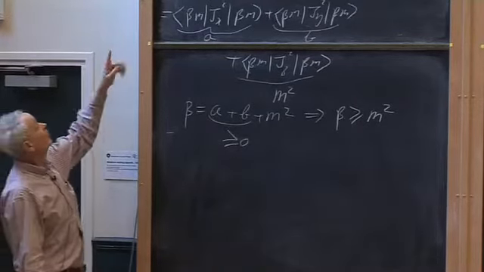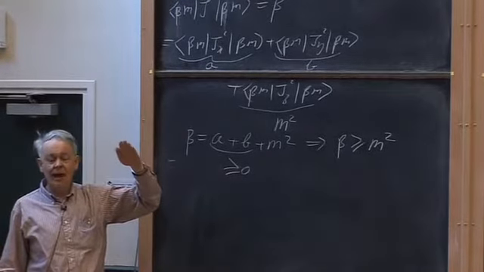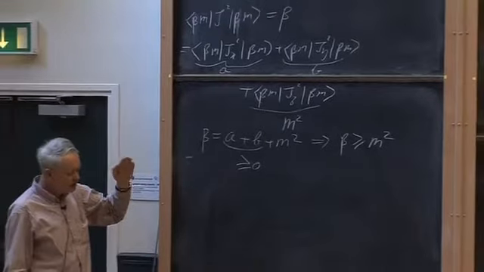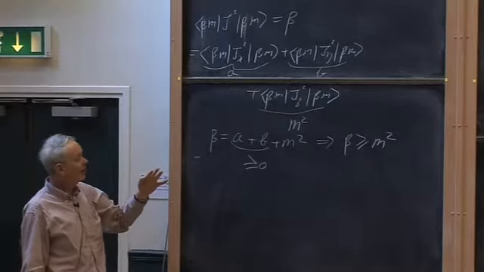We've got an operator j plus, which can make us a new state with m increased by 1, but this new state has the same value of beta. So apparently we can make states with bigger and bigger m for the same beta.